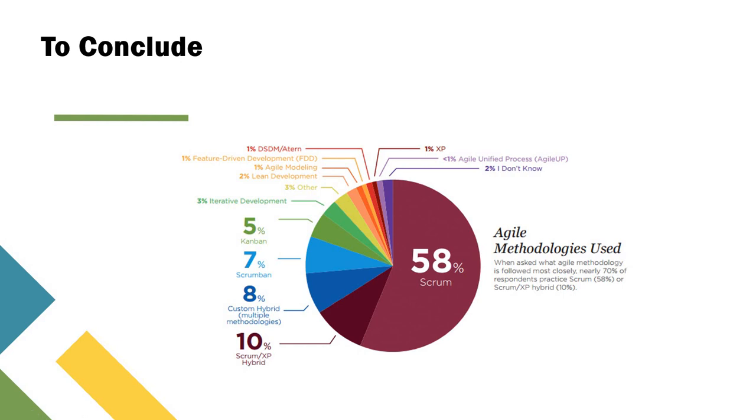Here, during these last 10 years, when we consider all the methodologies, you should know why Scrum came into existence, and why Scrum is more popular among all other methodologies. Nearly 58% of companies adopt Scrum, and you can also see 10% for the Scrum and XP hybrid model.